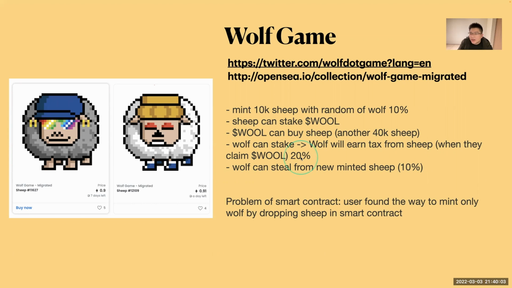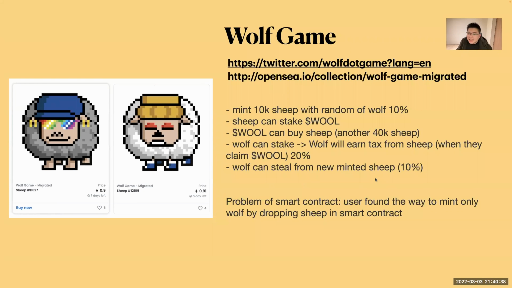They try to create tokenomics and use cases. It's not only that you get a sheep or a wolf and cannot do anything but transfer. They try to create some game logic inside. And the last thing is that a wolf can steal 10% of newly minted sheep, if you mint a new sheep with the WOOL utility token. So maybe you can have the NFT stolen.